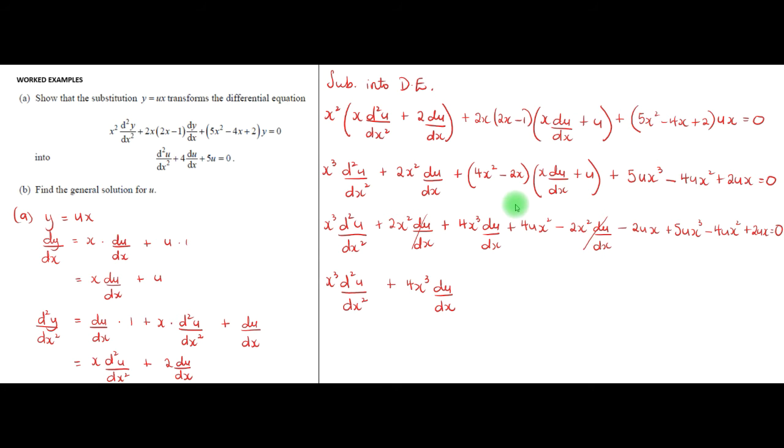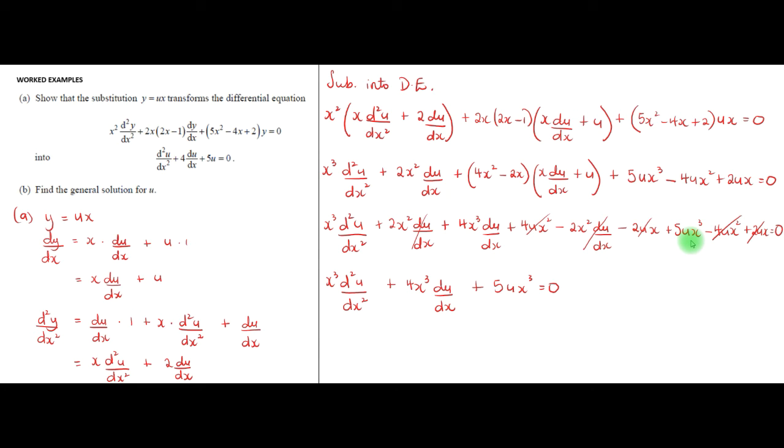Then we have 4ux squared here, and I see a subtract 4ux squared. So those would be gone. I see a negative 2ux plus 2ux, so those would be gone as well. And I see a 5ux cubed, so that would be plus 5ux cubed.